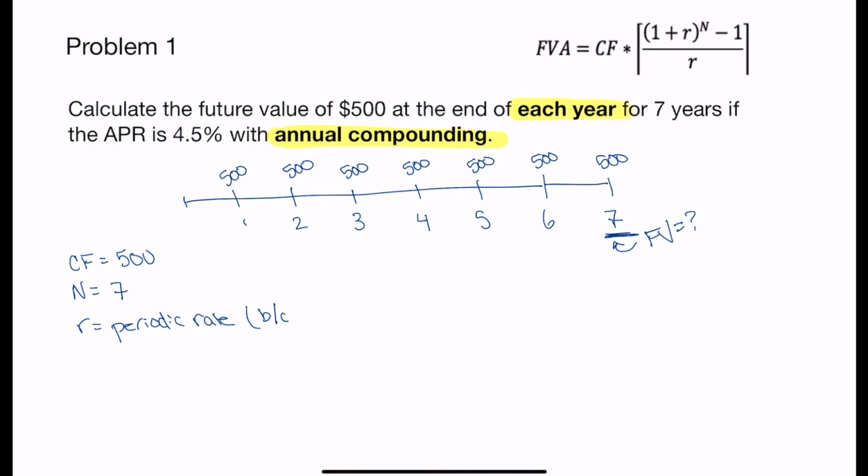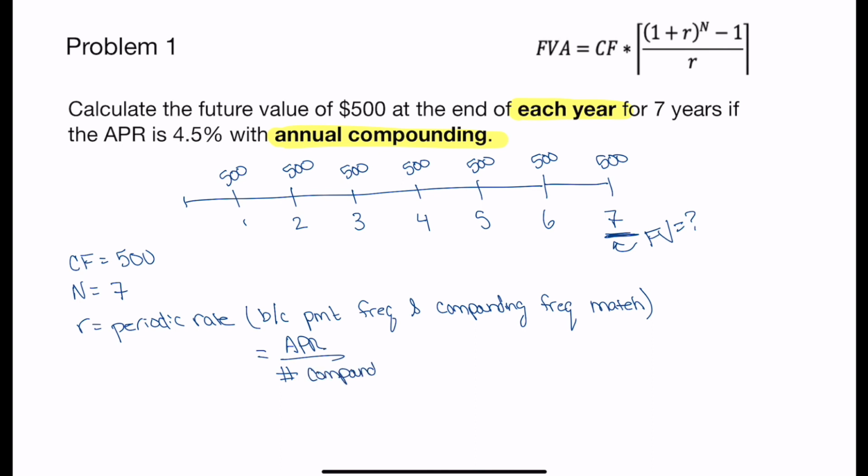The reason for that is because the payment frequency and the compounding frequency match. So my periodic rate is my APR divided by the number of compounds per year, which is 4.5%. And this one's just annual compounding, divided by 1, which gives me 4.5%.